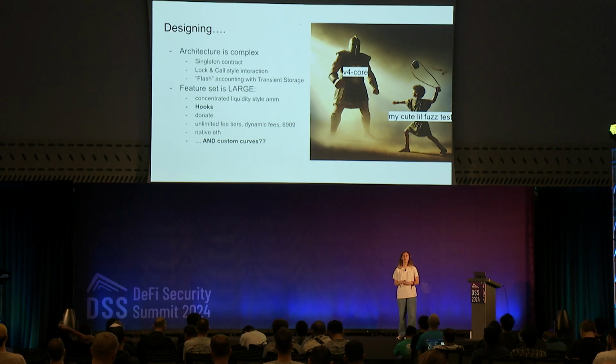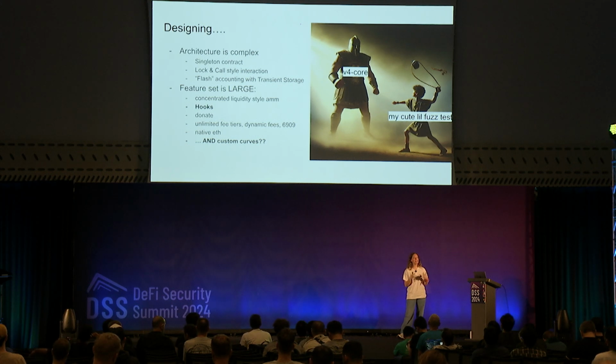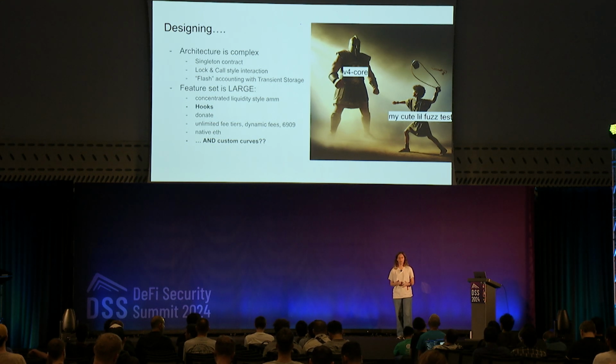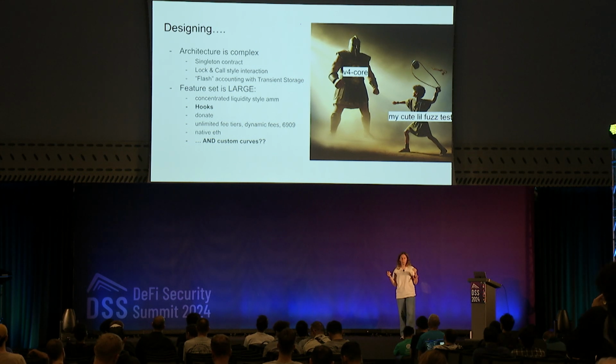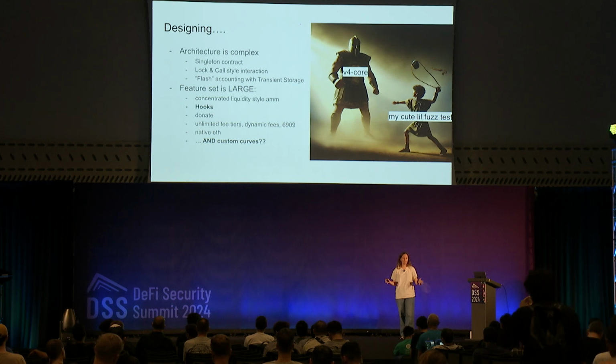So first, I have been working on v4 for over a year now. This was before we really had hardened code for v4. And we had a vague idea of the architecture. We knew we wanted a singleton contract. We had this lock and call style architecture that's really the key security mechanism in keeping pools essentially solvent.